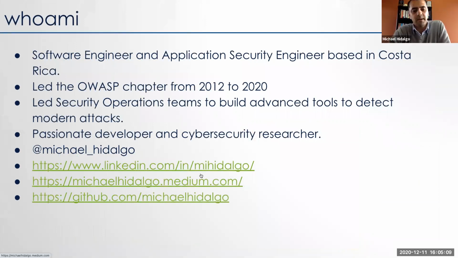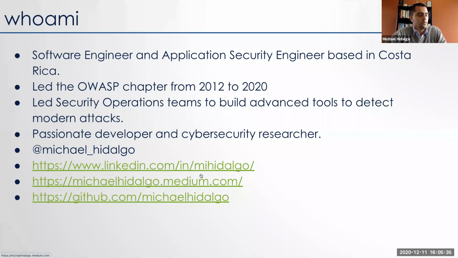Hello, so I am Michael. I'm very happy to share this presentation with you today and to work with Petra on putting all this together. If you notice any accent, it is because I am based in Costa Rica. From my background, I am a software engineer and application security engineer. I led the OWASP chapter in Costa Rica from 2012 to 2020.